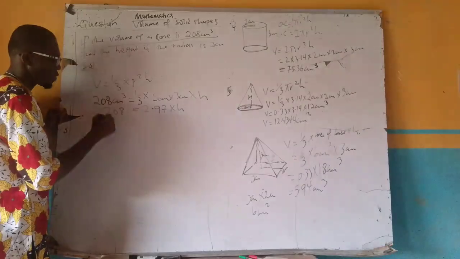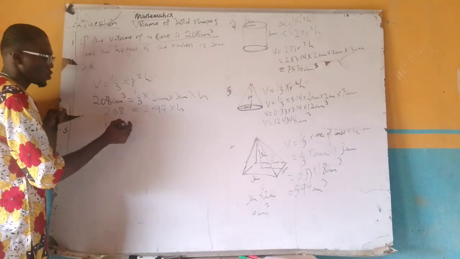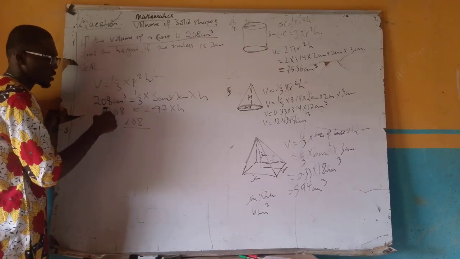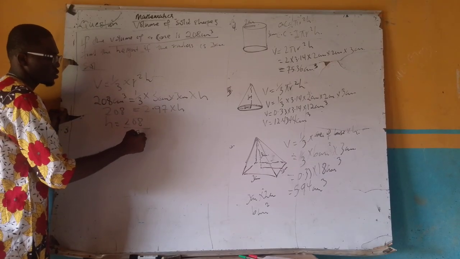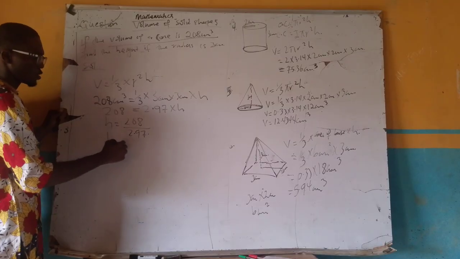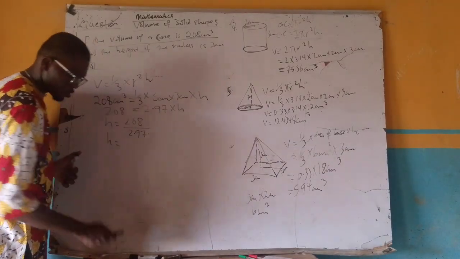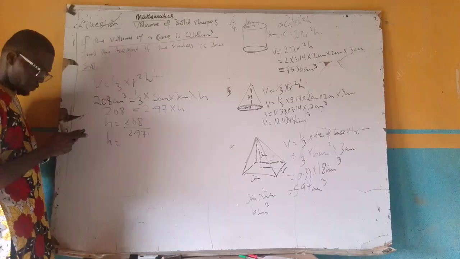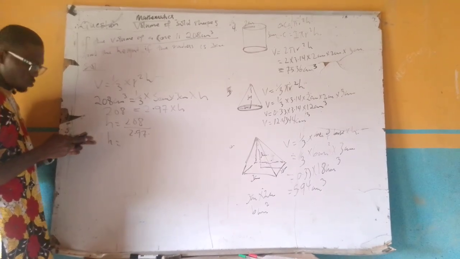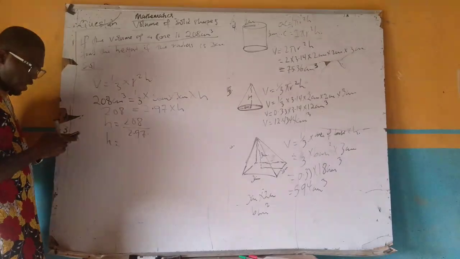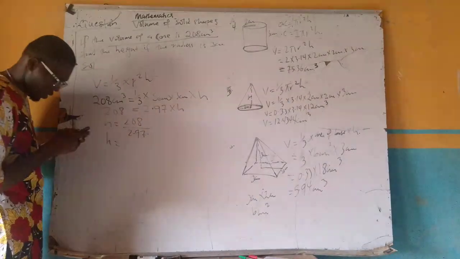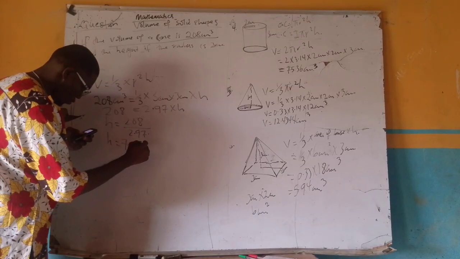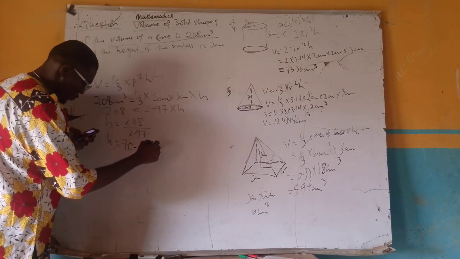So we now have 208 over 2.97, since times jumping to the side becomes divide. So if we divide this, we get our value for the height. 208 divided by 2.97 gives 70 point something, 70.0337.